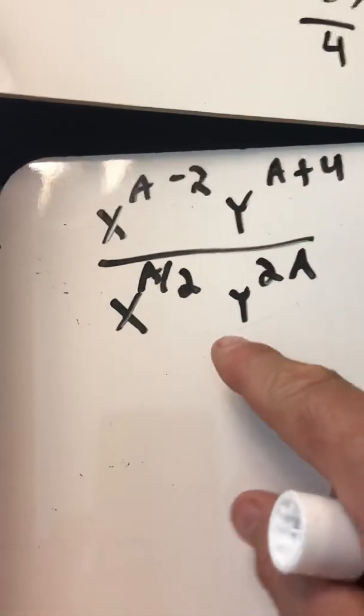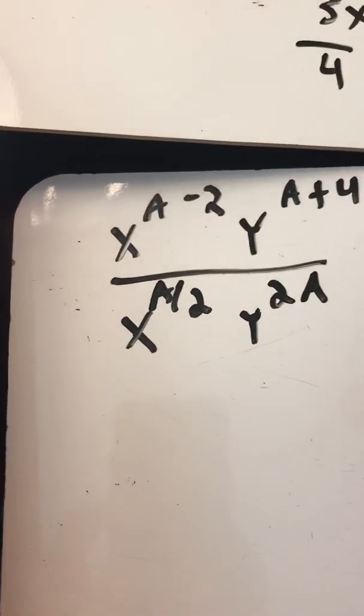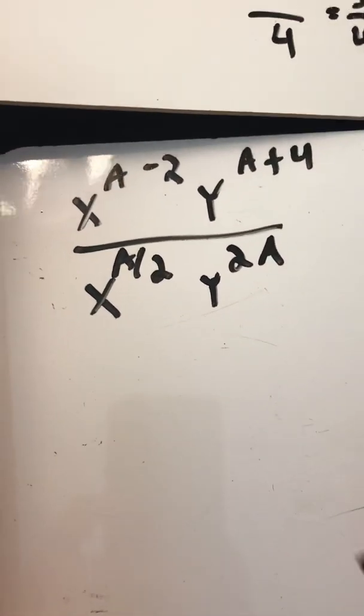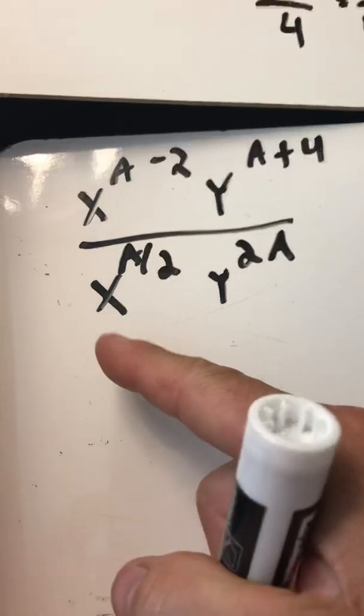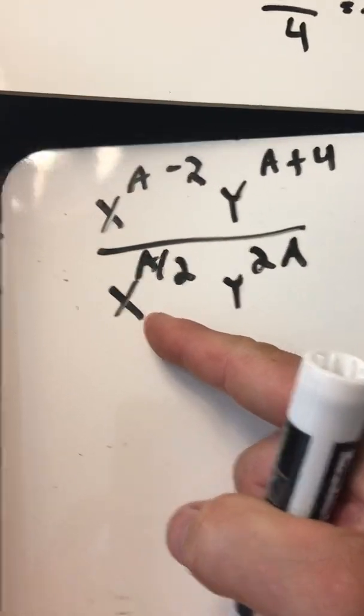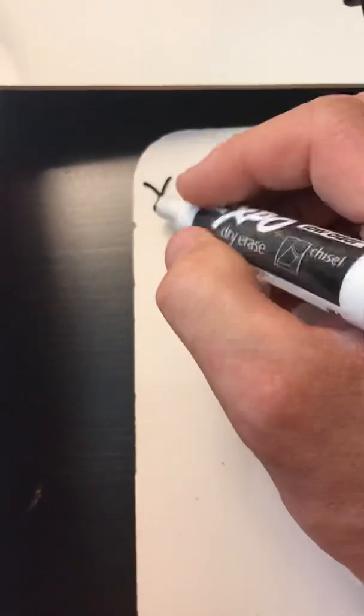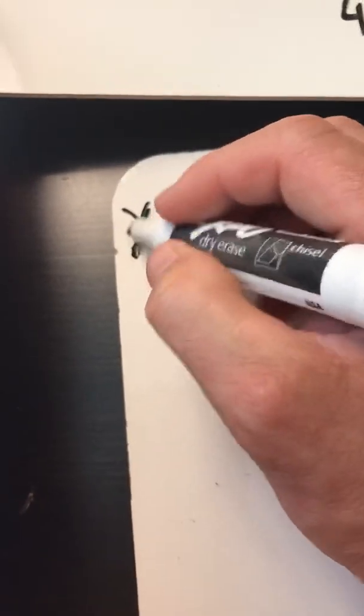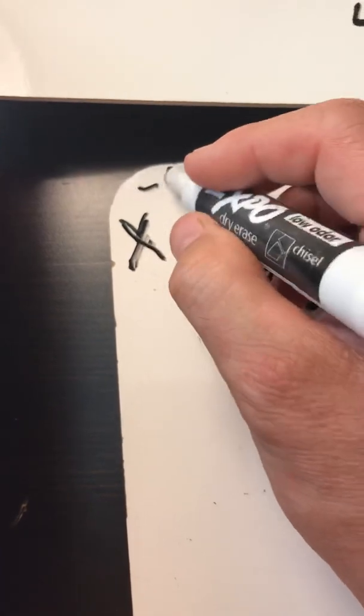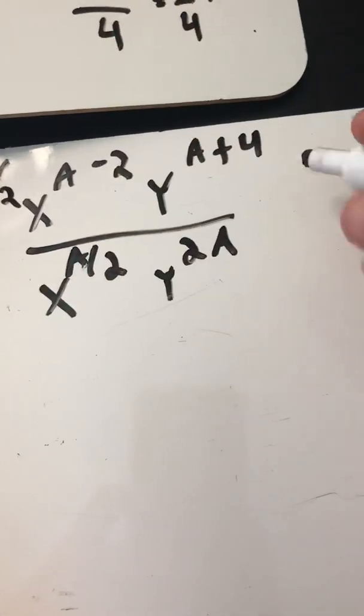Now, when you bring stuff up or bring stuff down in a fraction, remember, you change the sign of the exponent. So what happens when you bring x to the a over 2 up? It becomes x to the negative a over 2. And what happens when you bring y to the 2a up?